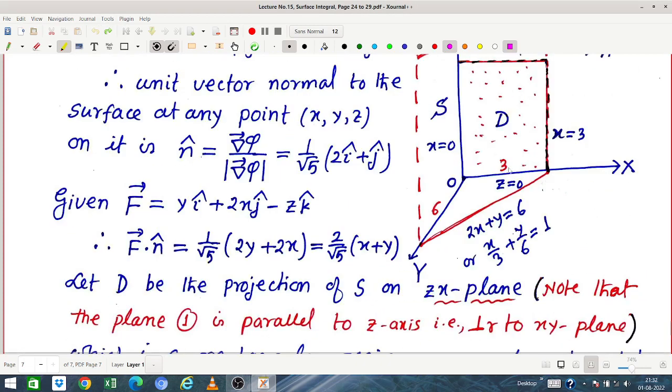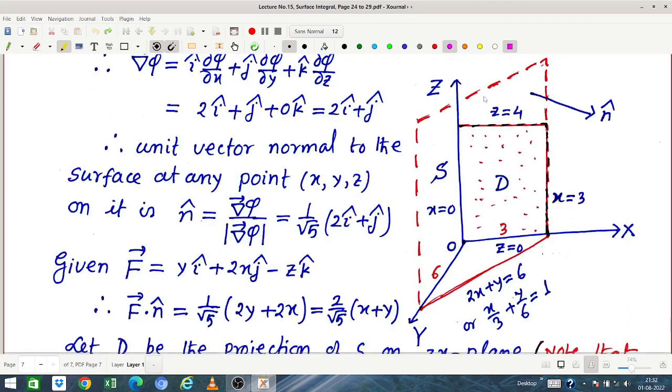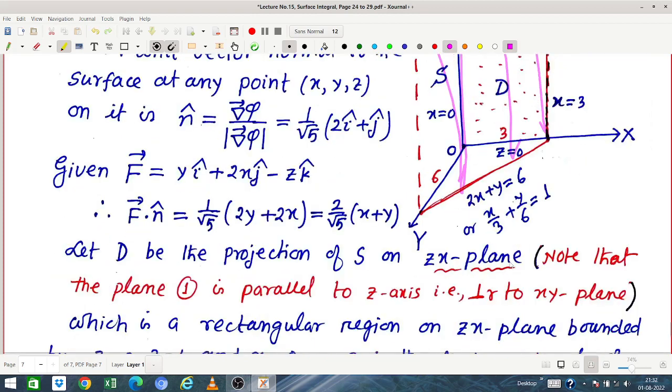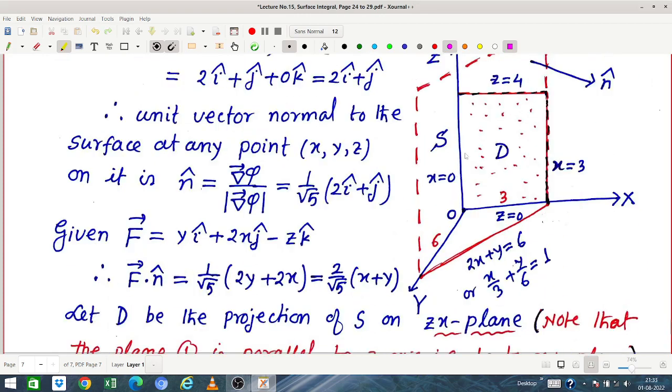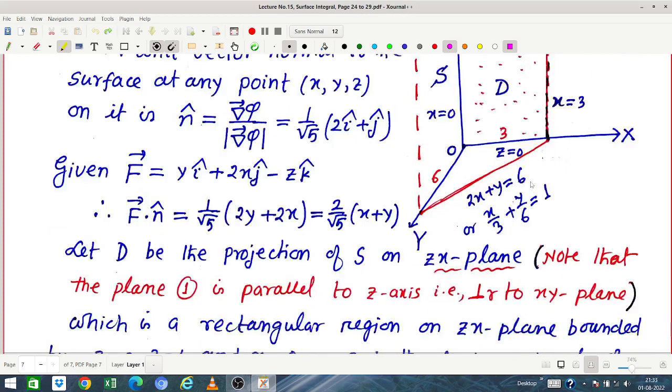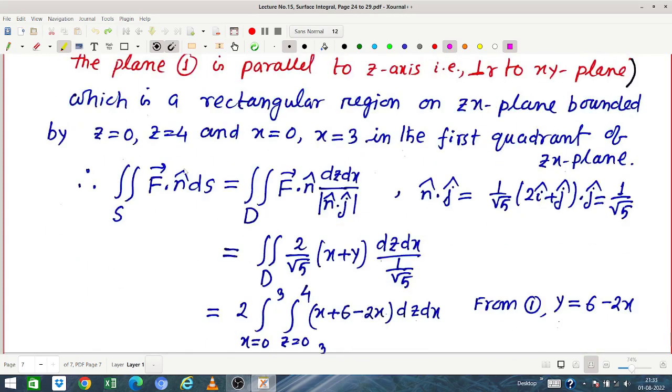This surface S is parallel to the z axis, so surely perpendicular to the xy plane, as in the figure. D is a rectangular region on the zx plane bounded by z = 0, z = 4, x = 0, x = 3. These are the boundaries of the shadow of this surface on the zx plane.